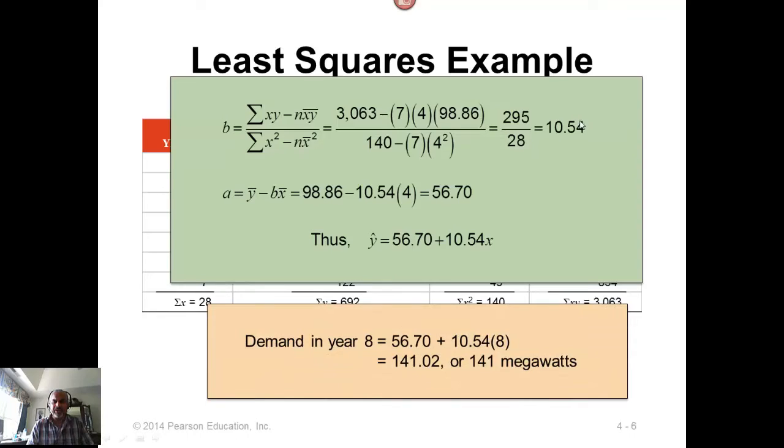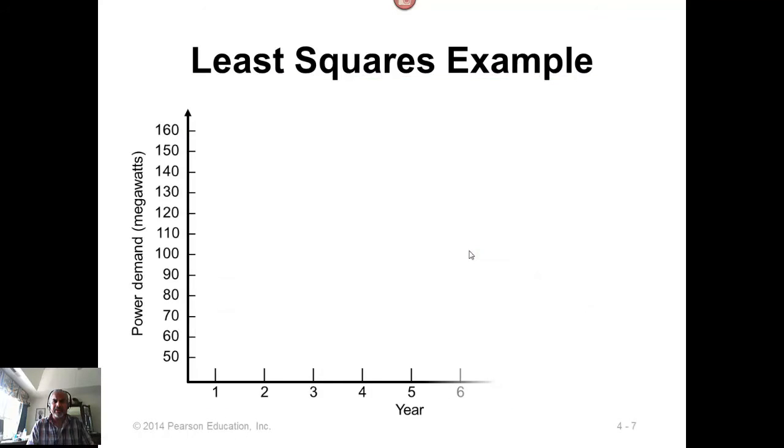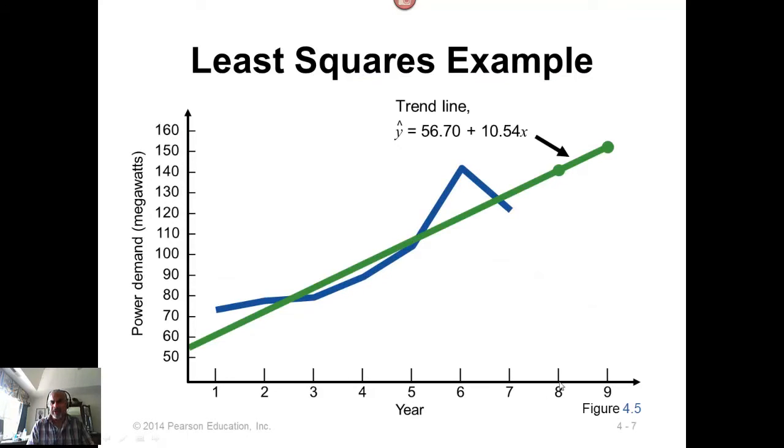And you get your slope coefficient and the intercept, and here is the prediction equation. And then we can use that prediction equation by plugging in the value of 8 for x for year 8, plugging in the value of 9 for x for year 9, and so on. So we will now look at a worked out example.